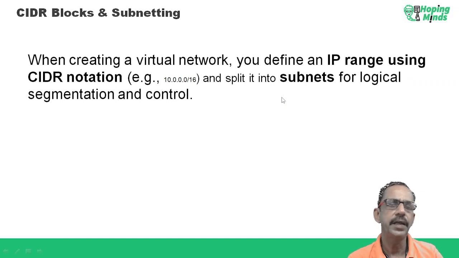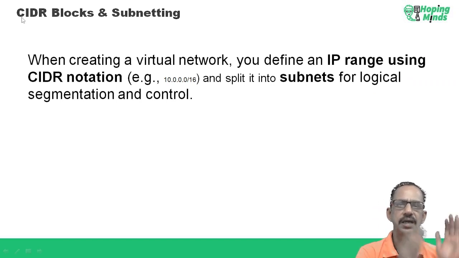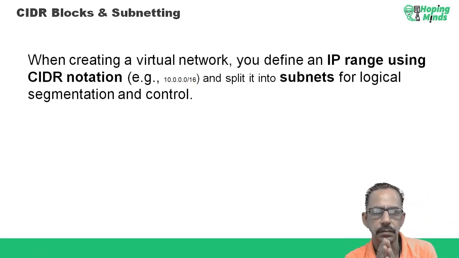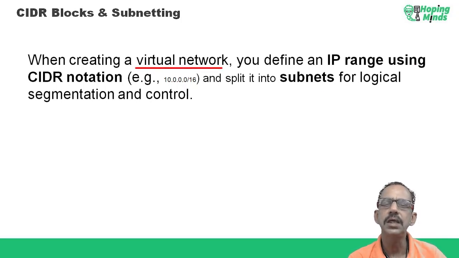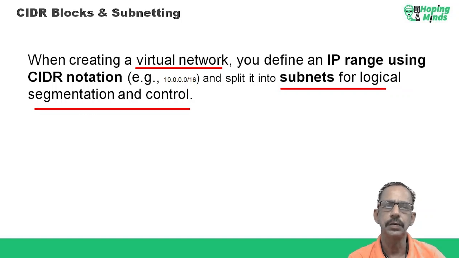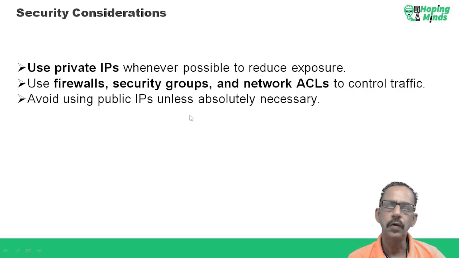And CIDR and subnetting, I think everybody knows: classless inter-domain routing to break a big network into small IP ranges. When creating a virtual network, I've shown you, first we create a VPC. Inside that, we create subnets for logical segmentation and control. So, a question for you: please go for some IP classes where you learn about subnetting in detail.